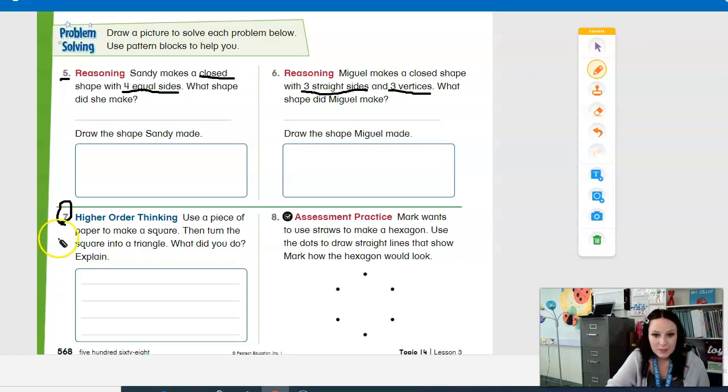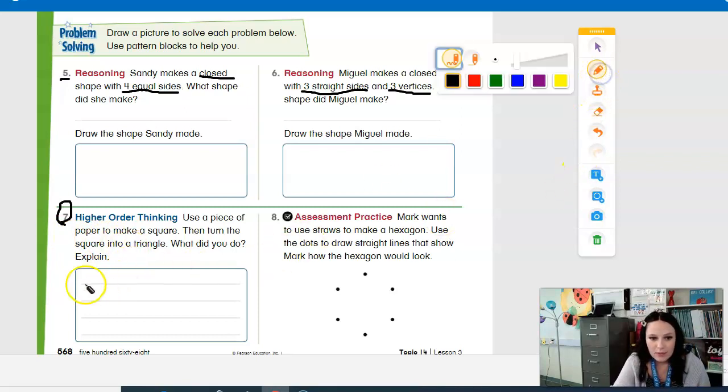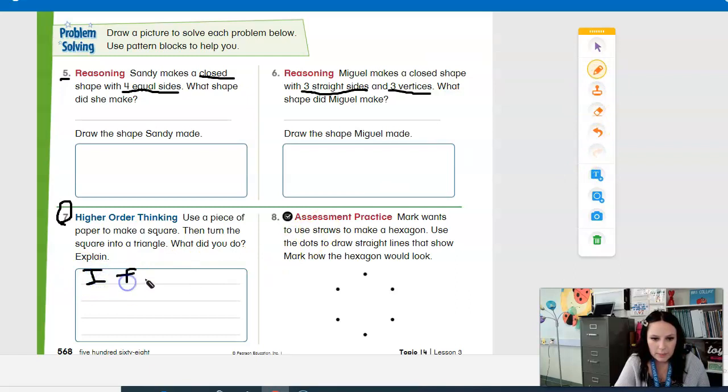So it asked me, what did I do? So I could say, I folded my square.